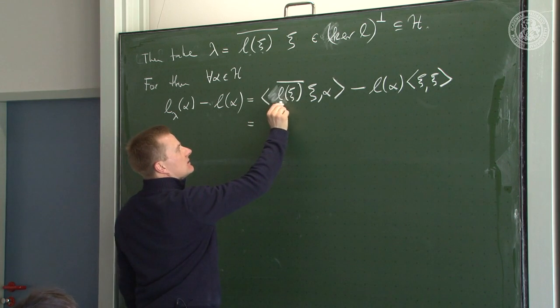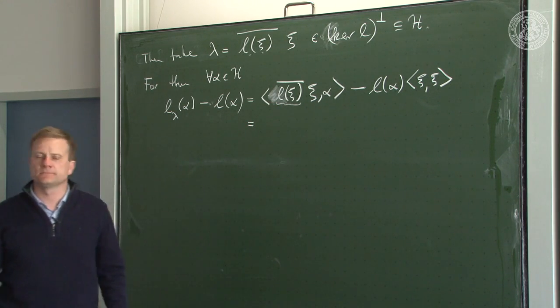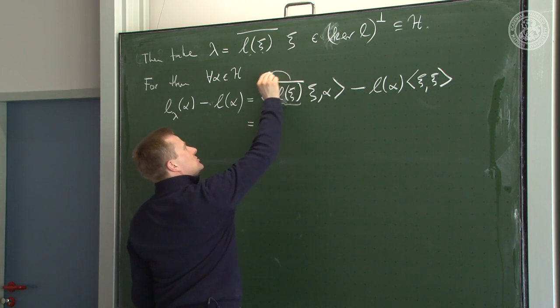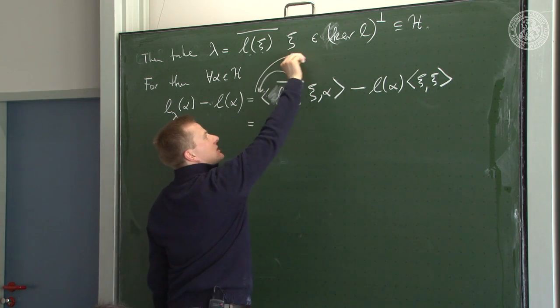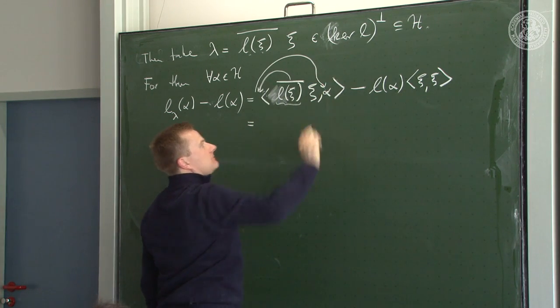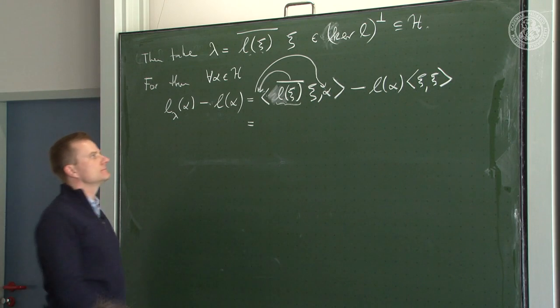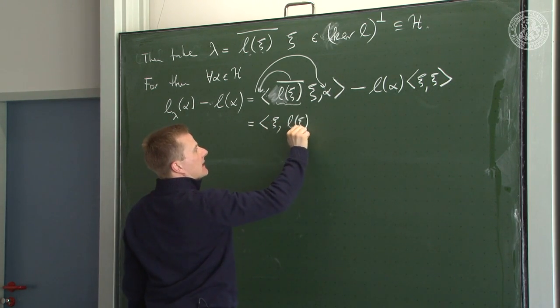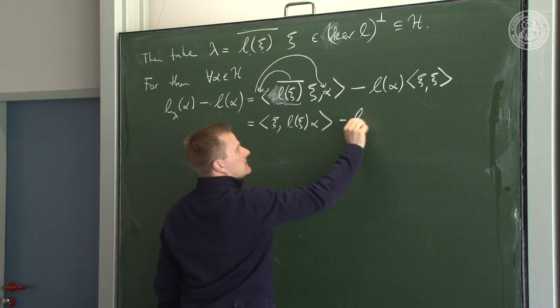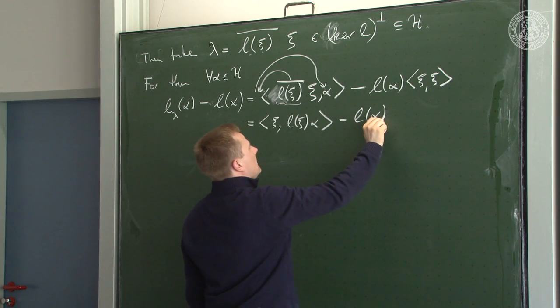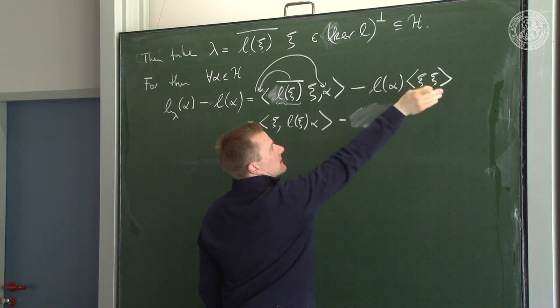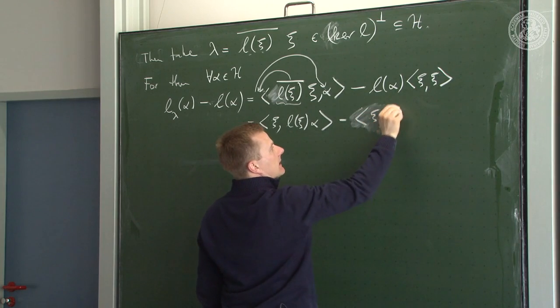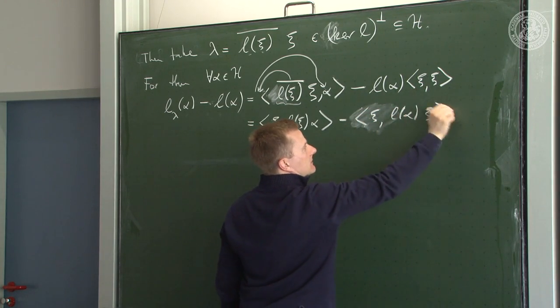Now, this is just a complex number, right? We can let it jump out, and then we let it jump in again, but to the second slot. So it's psi, L of psi bar, nothing anymore, alpha, minus L of alpha, and we let this one jump into the second slot, psi, L of alpha, psi.